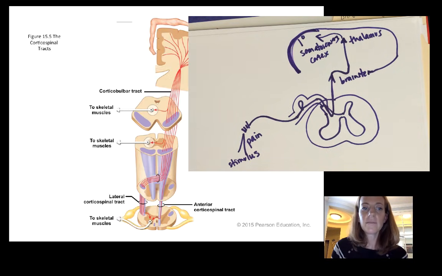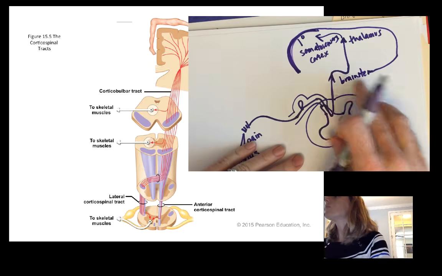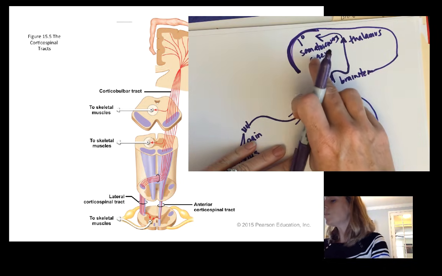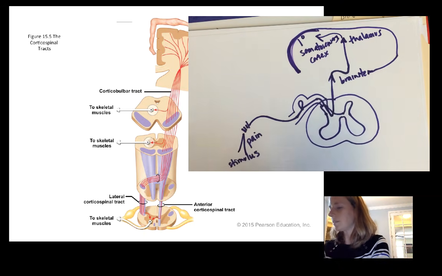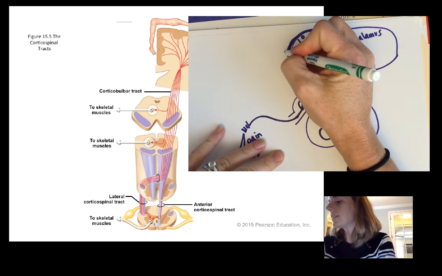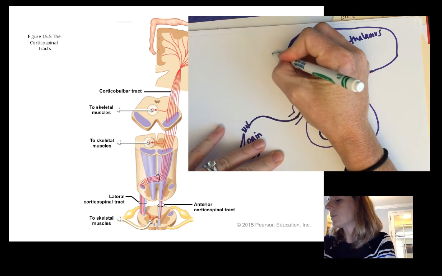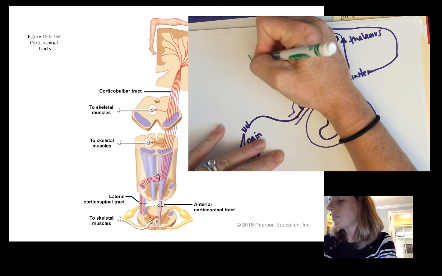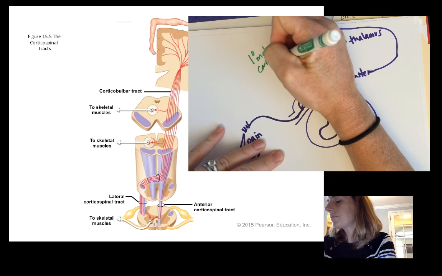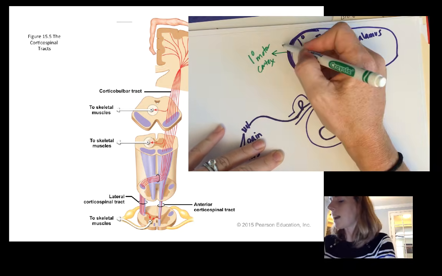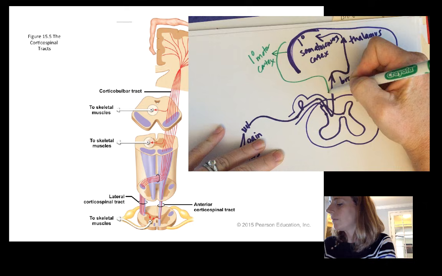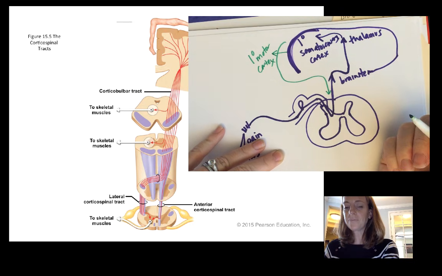From there, we will send out a motor command in response to this painful stimulus. So you'll be aware of the painful stimulus in the somatosensory cortex, and then the brain will decide whether to respond to that stimulus. Right next to the somatosensory cortex, we'll send information to the primary motor cortex. The primary motor cortex will send axons down through the brainstem.